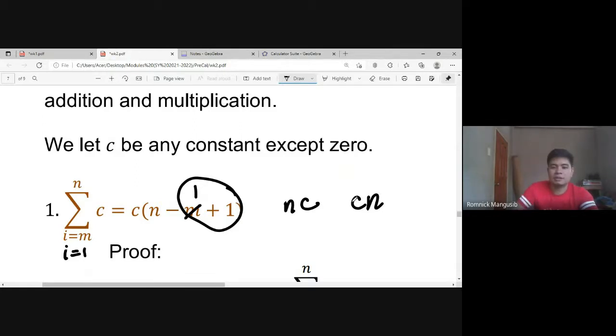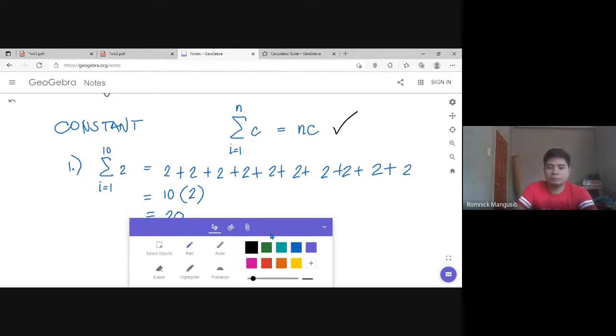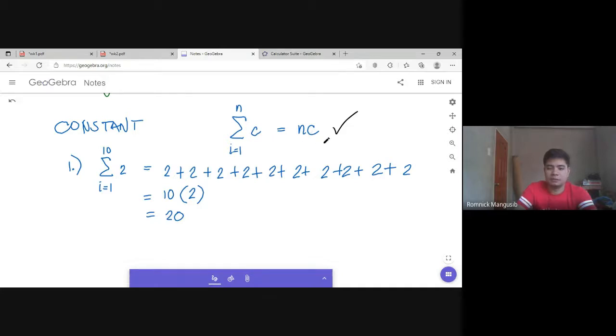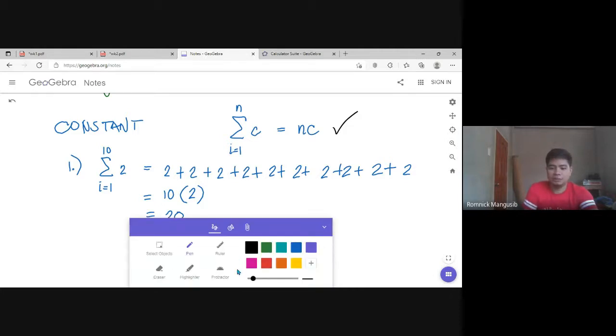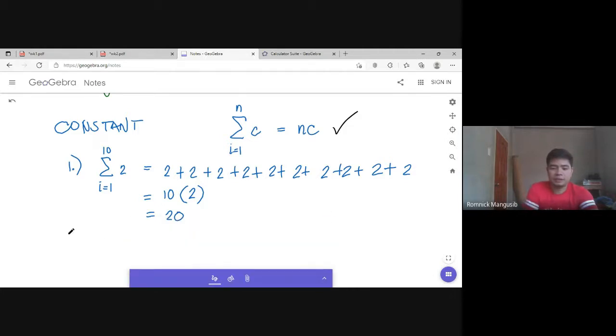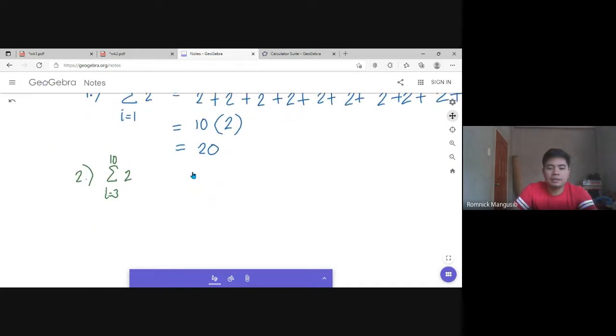Pero kung hindi ka nag-start sa 1, yan na yung mangyayari that you really need to make use. This is the general formula. Kaya ito talaga yung general formula. But you make use of this when I starts from 1. Any of these two. Tulad nung binigay kong example, I starts from 1, so you have this formula. Pero pag hindi na siya nag-start sa 1, ganito na lang naman din ang gagawin ninyo. Let's say, what is the summation of 2 from 3 to 10? And how do we understand this 3 to 10?